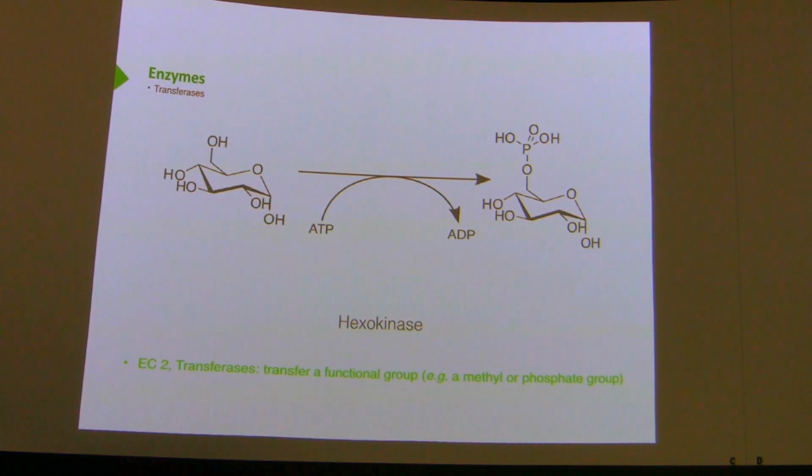And as I think I've explained in class before, in this reaction, a phosphate from ATP is transferred onto position 6 of glucose to make glucose 6-phosphate and then yield ADP. So we can clearly see the transfer from one molecule to another occurring here.